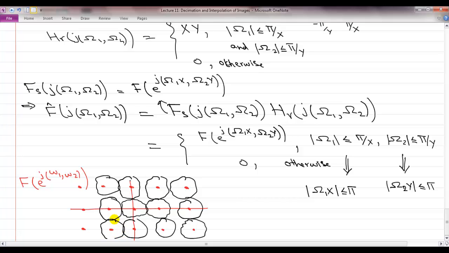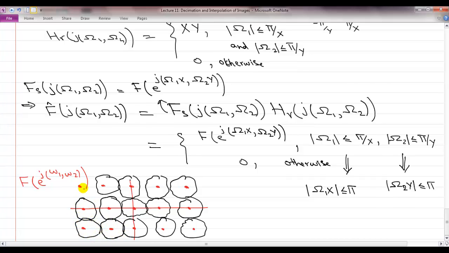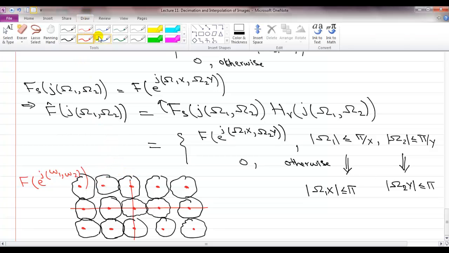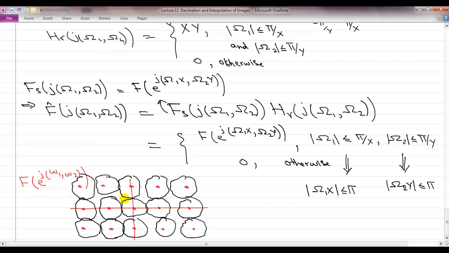Now, the equation that we have derived, you can read it in multiple ways, but the way I will describe it is that you basically look at the region of this Fourier transform within the square from minus pi to pi in the omega 1 axis and minus pi to pi in the omega 2 axis.